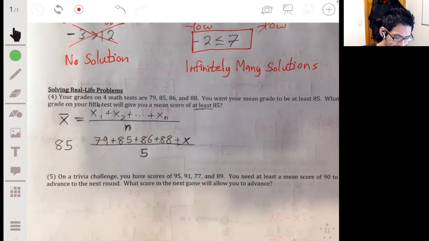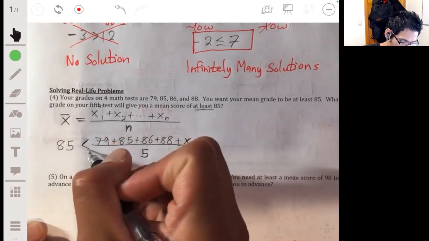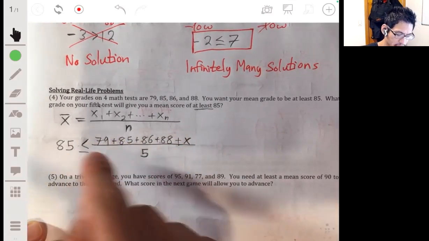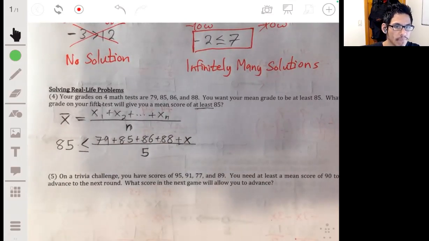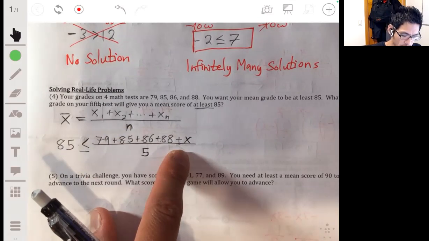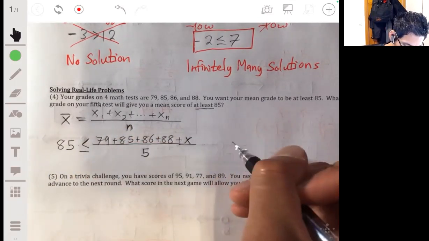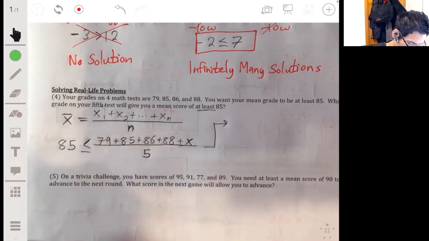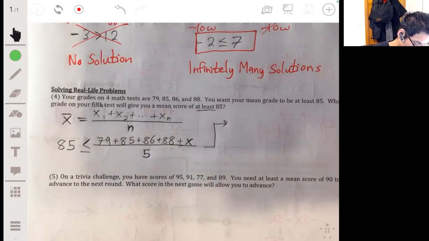And if you want it to be at least 85, that means you want this value to be greater than or equal to 85. So you're simply just solving this for x. Let's start off by simplifying the top here. 79 plus 85 plus 86.